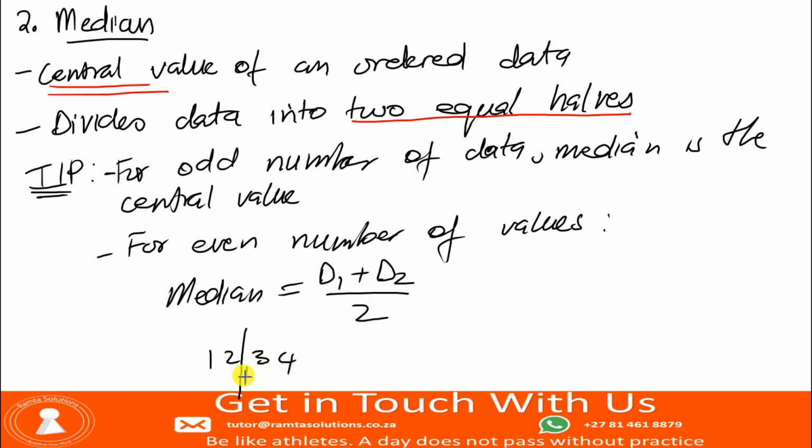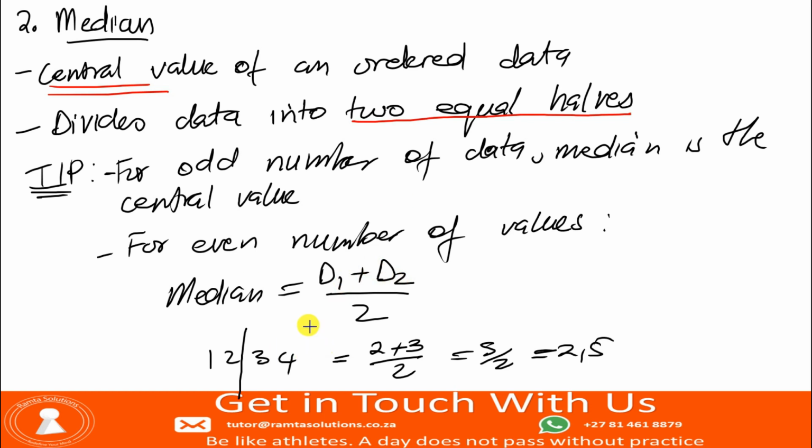Your median must be somewhere here. So what is the value on the left? It is 2. What is the value on the right? It is 3. So 2 plus 3 over 2 is 5 over 2, which is 2.5. This will be your median. I'm not saying you must write D1 plus D2, I just decided to say data 1 plus data 2 rather than writing value on the left plus value on the right, even though it's not exact. But I hope you get my point.